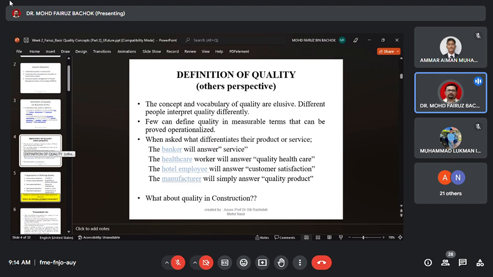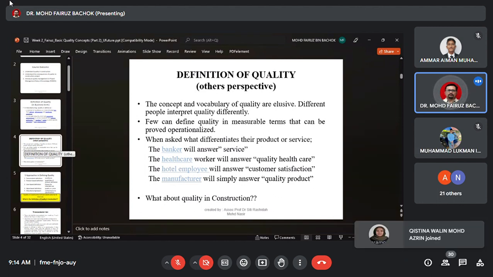When we ask for the definition of their product or service, if your company provides a service or product, you should know. When people ask you what is your service, what is your product, you can answer directly. Let's say a banker, if you ask the banker, they will say a service. When you ask healthcare, they will say our main product is quality healthcare. All of you should know what the main service is that you offer to your customer.